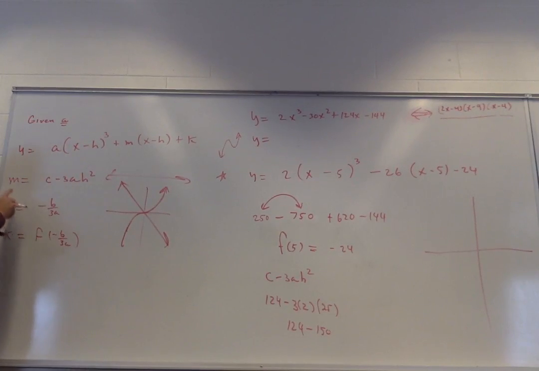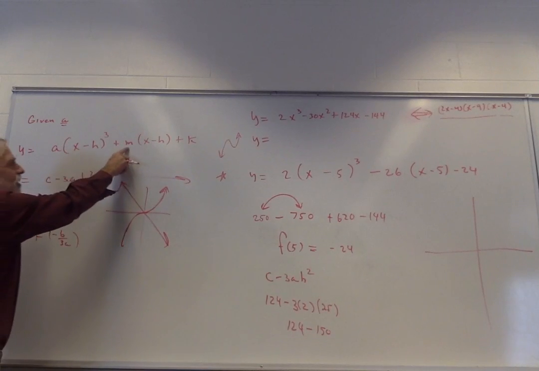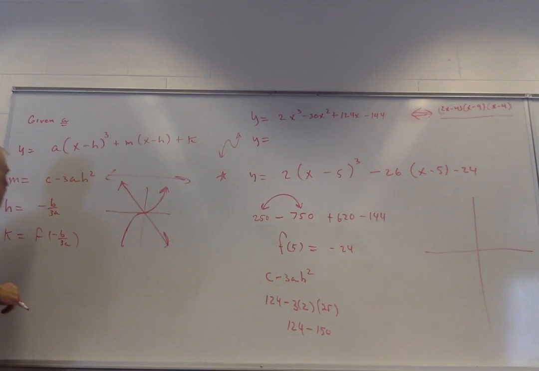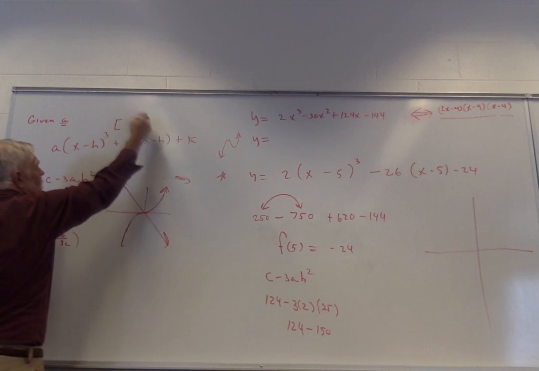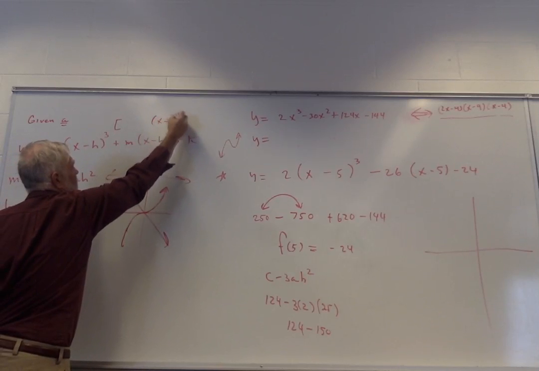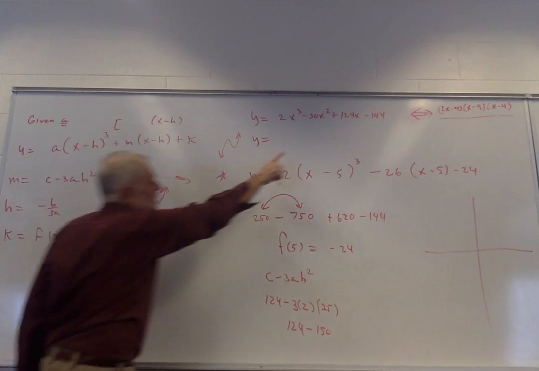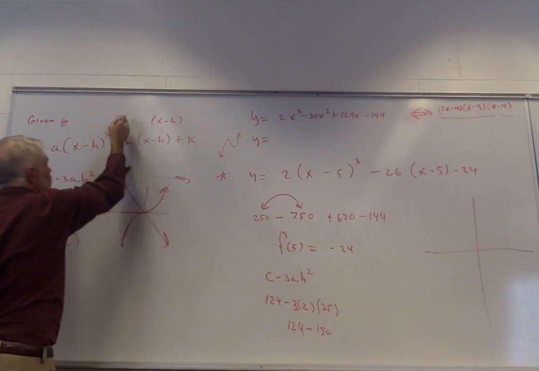And the multiplier here, this linear converter, I'll call it m for obvious reasons, is actually c minus 3ah squared. And the way you get that would be, hopefully you can see that if we multiply this x minus h, we need c. We need that value of 124. So we've got to bring it in.